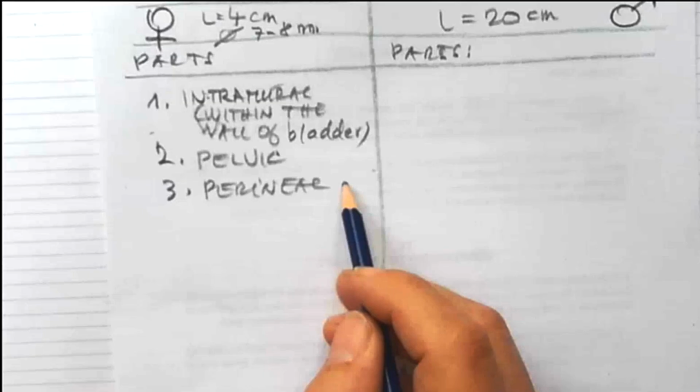And then here there are 2 curvatures. A is the subpubic, which is fixed and corresponds with the position under the pubic symphysis.